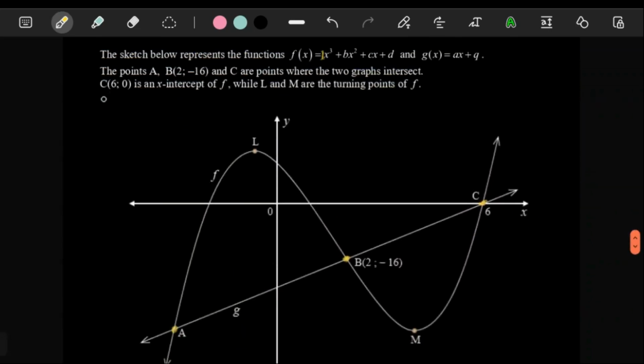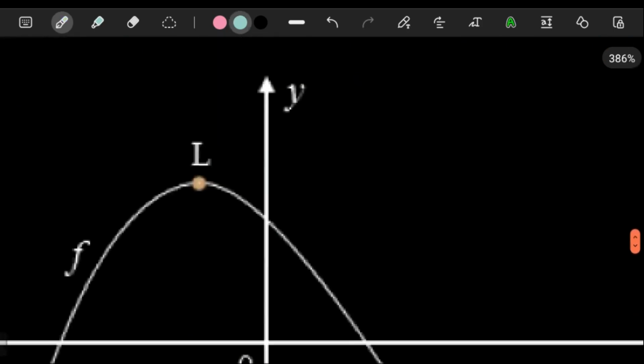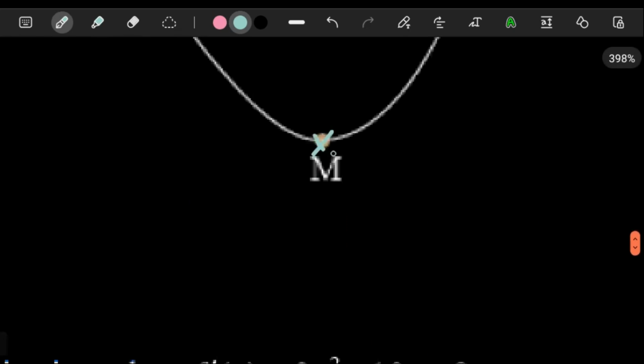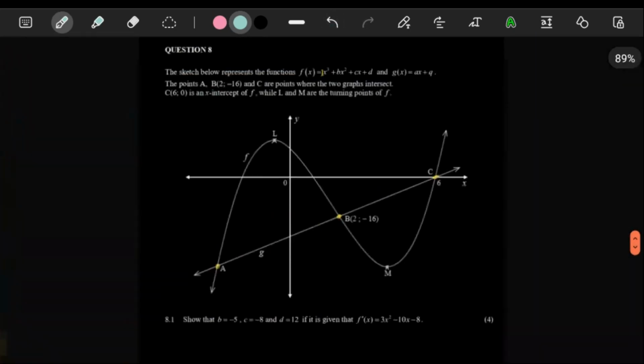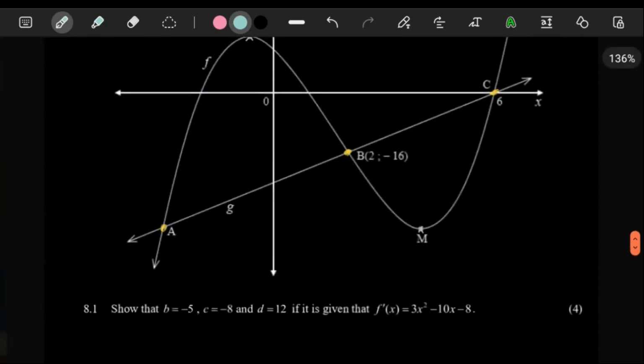And then it says here, C is the x-intercept of f, while L and M are the turning points. So there's a turning point over here, and then there is a turning point over there. Okay, so this doesn't look bad at all, because we just have to keep an open mind.